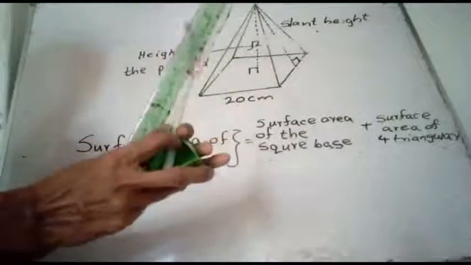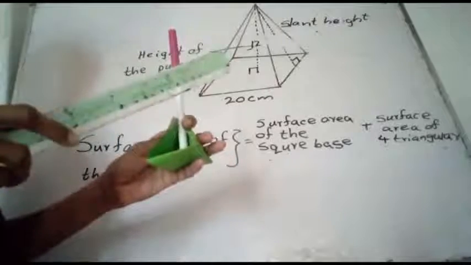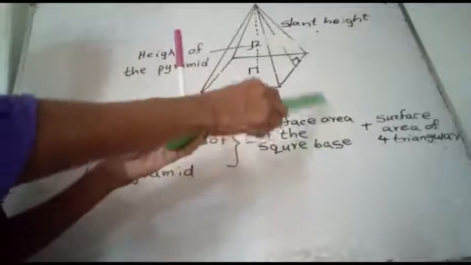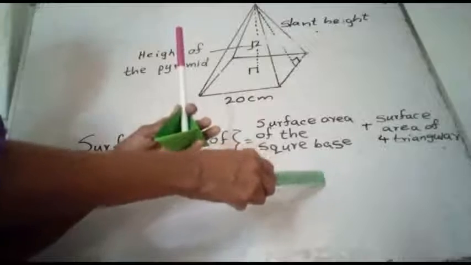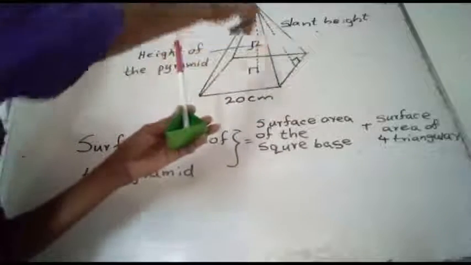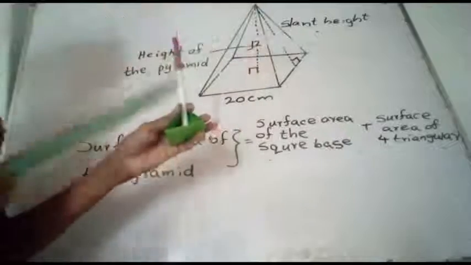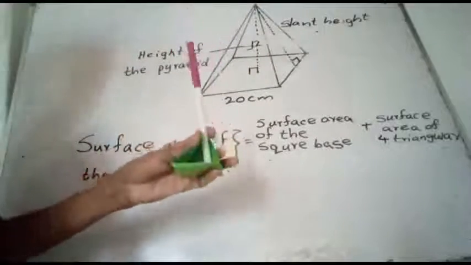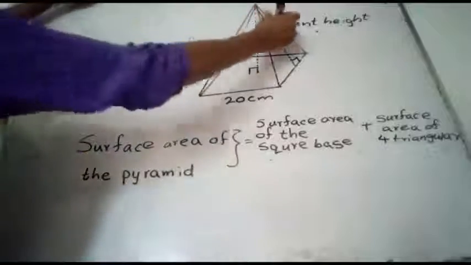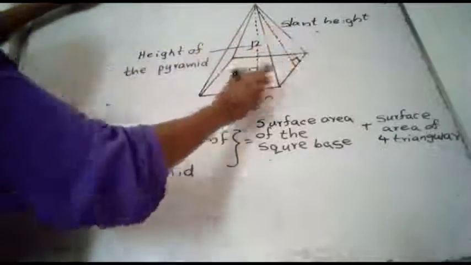When we find the area of the triangle, we multiply half with the length of base, it is 20, with the perpendicular height of the triangle. Now we are going to find the perpendicular height of the triangle.